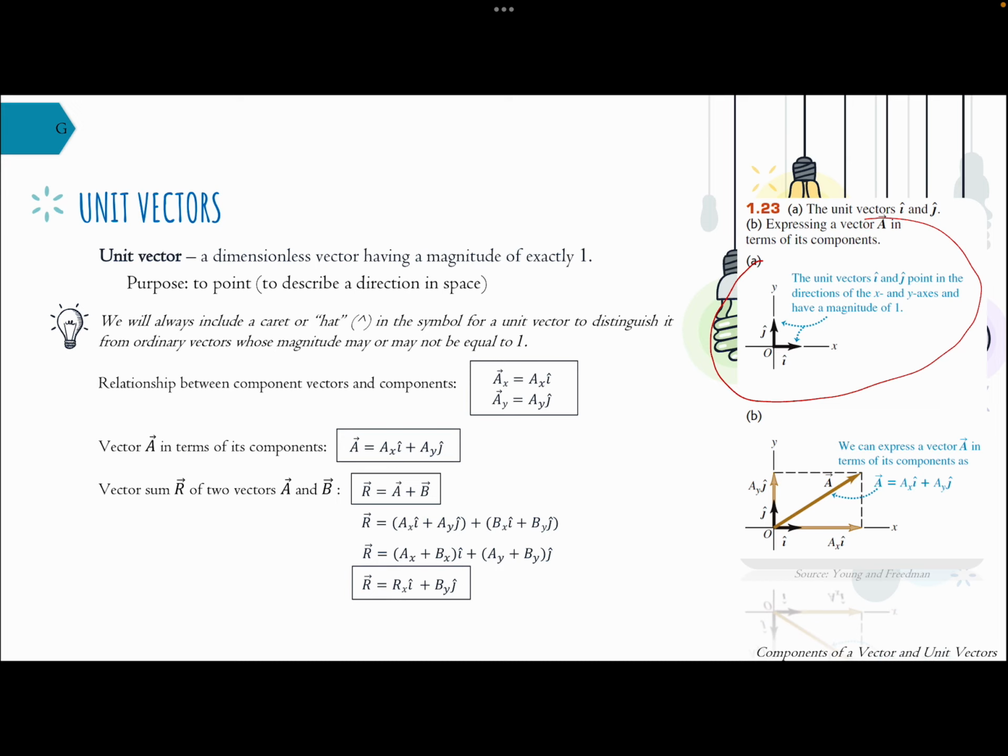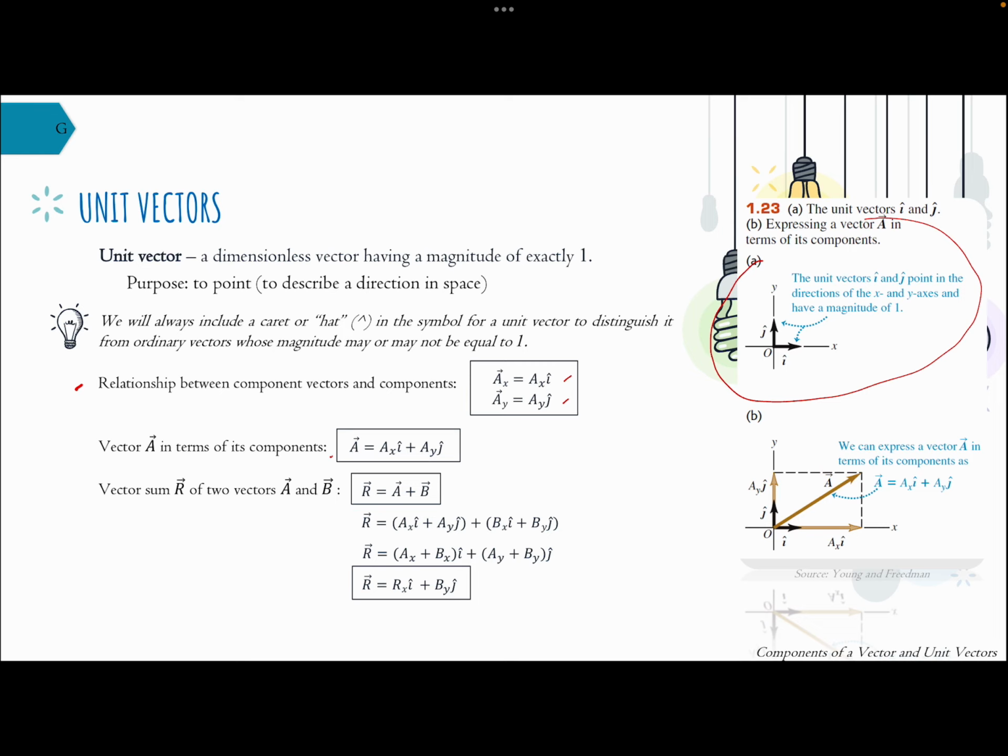And then, okay, so dito na tayo, we can express the relationship between component vectors and components as component vector Ax is equal to ax i hat and component vector Ay is equal to ay j hat. So similarly, we can write vector A in terms of its components as vector A is equal to ax i hat plus ay j hat.